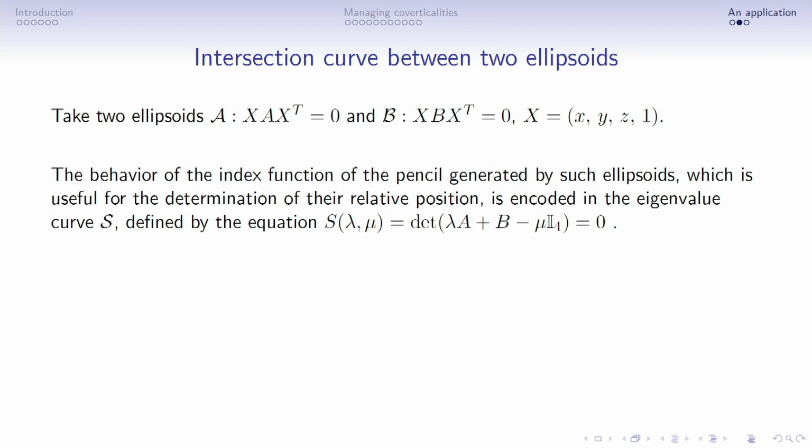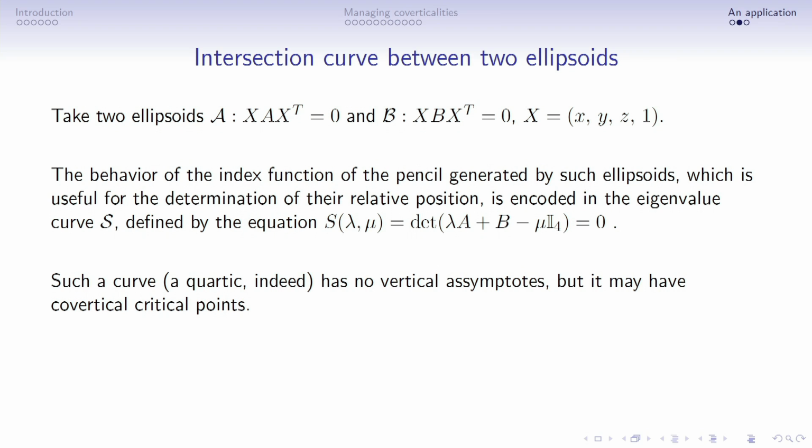If one is inside the other, or there is a kind of tangency inside, or there is some part of the ellipsoid inside the other going with a tangency or whatever. And the equation is that determinant, which is a quartic, which is known to have no vertical asymptotes because it's easy to see that the degree in lambda and mu is 4, since the matrices are of size 4.